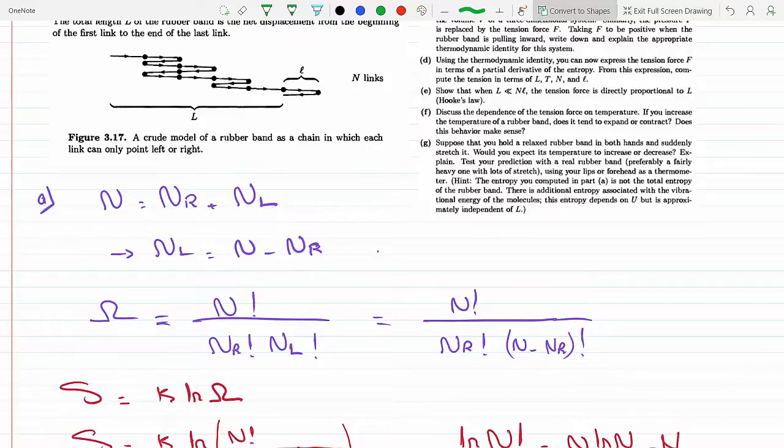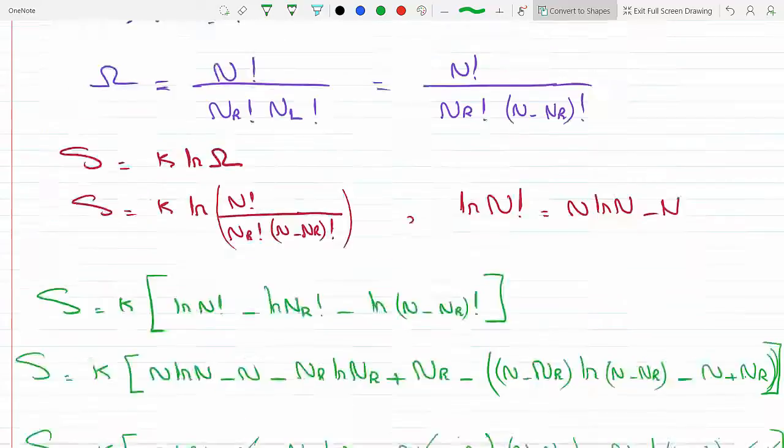On top of the total entropy that we've calculated in part A, there's going to be an additional entropy that has to do with the molecules vibrating, which contribute to more vibrational energy. And this entropy will depend on that increase in internal energy of the rubber band.